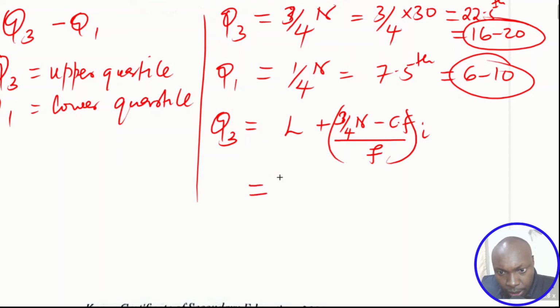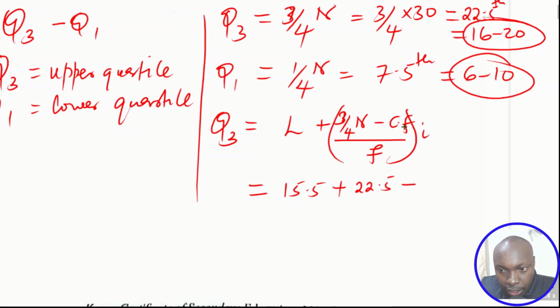L is the lower class limit of the class in which Q3 lies. When you look at the class 16 to 20, the lower class limit will be 15.5. You just take 16, subtract 0.5, so it will be 15.5, plus 3/4 n. You've already calculated that, and that gives us 22.5.